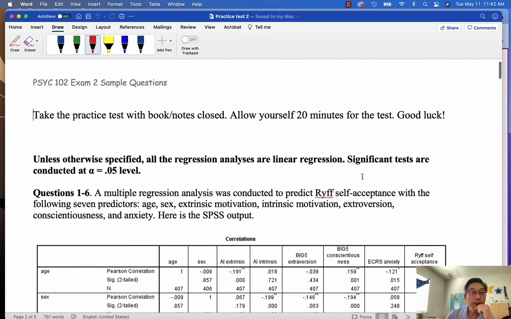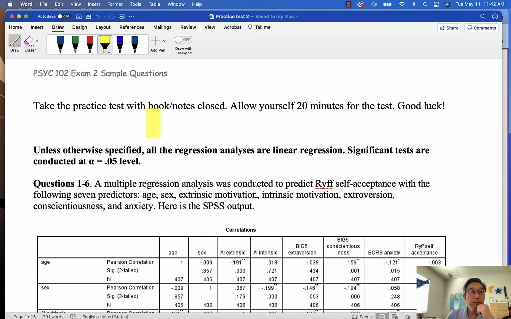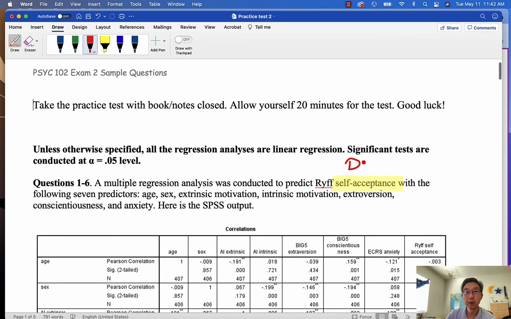Now let's read the scenario. A multiple regression analysis was conducted to predict self-acceptance, right? So what do we have? This is the dependent variable. And with the following 7 predictors: age, sex, extrinsic motivation, and so on.